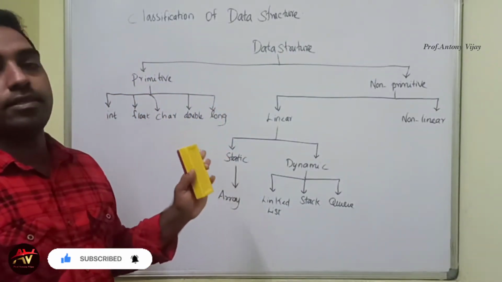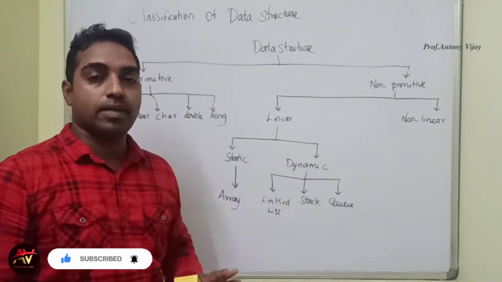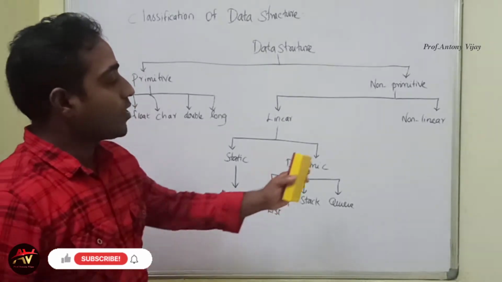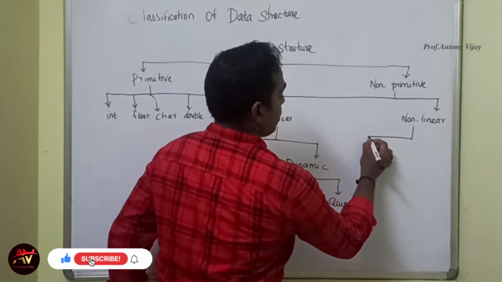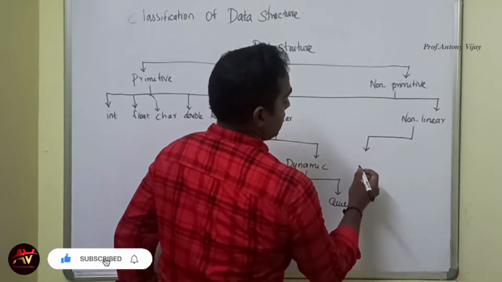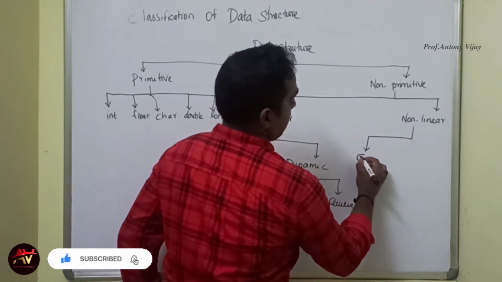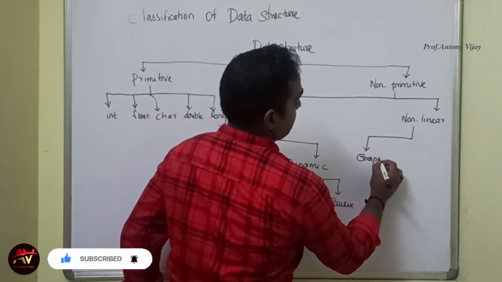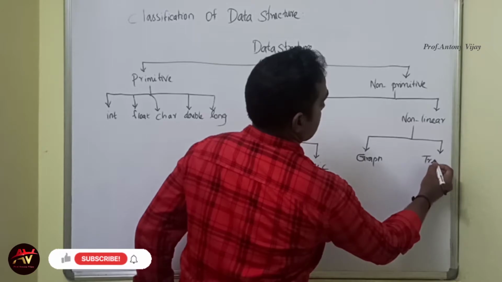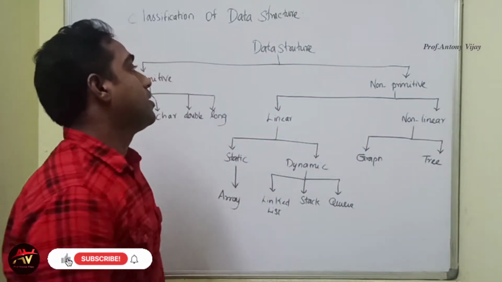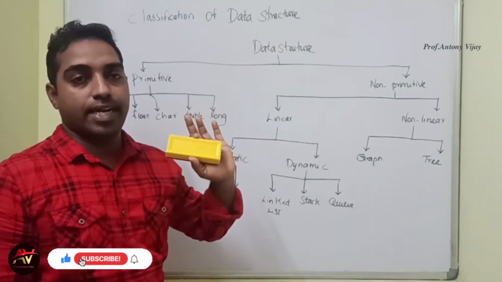And when I talk about non-linear, it will be having two different data structures, graph and tree. So this is what classification of data structure.